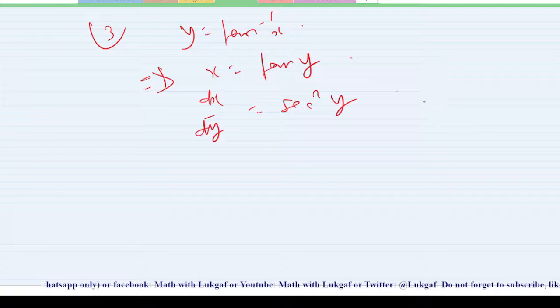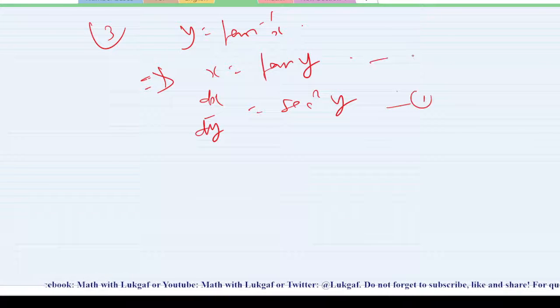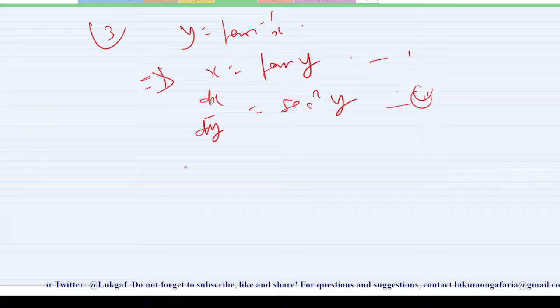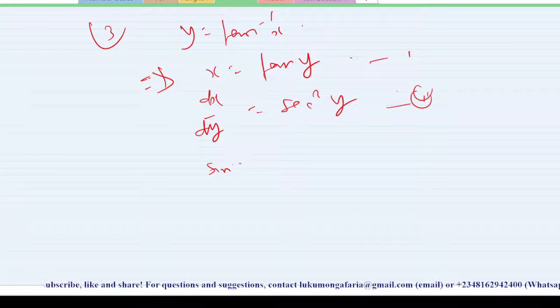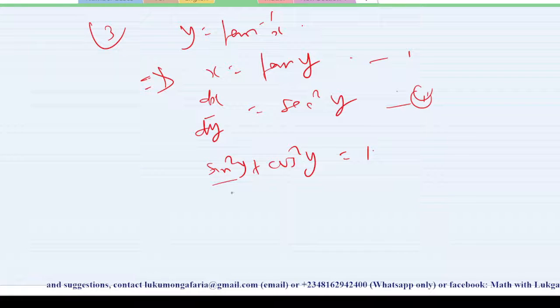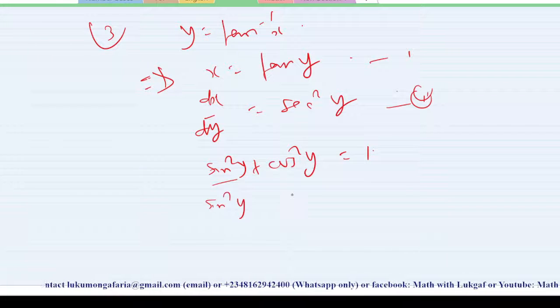So if you call this equation 1 and you call this equation 2, if you still go back to your trigonometry, remember sin squared y plus cos squared y is equal to 1.